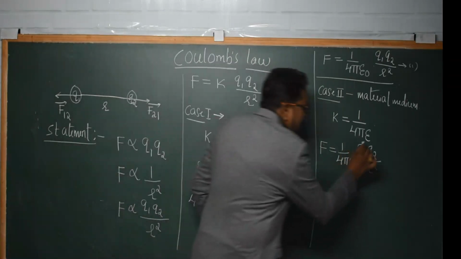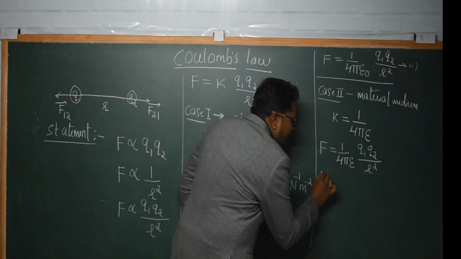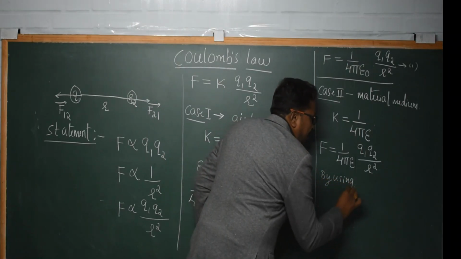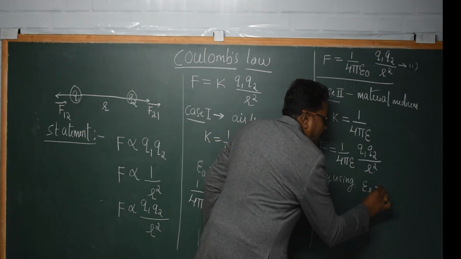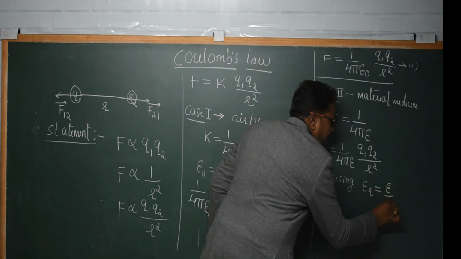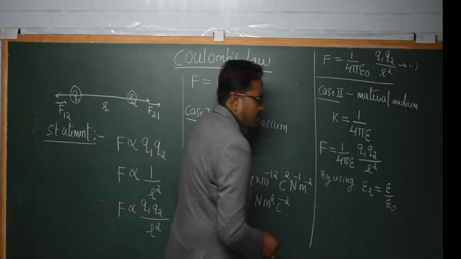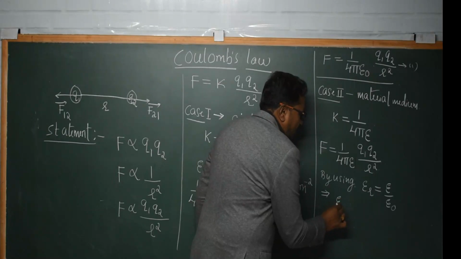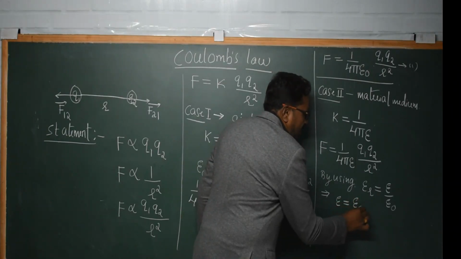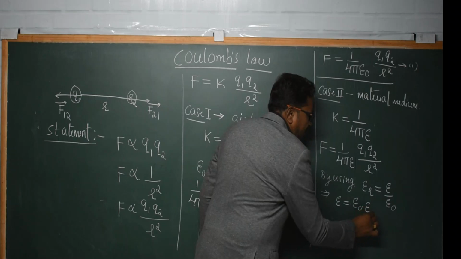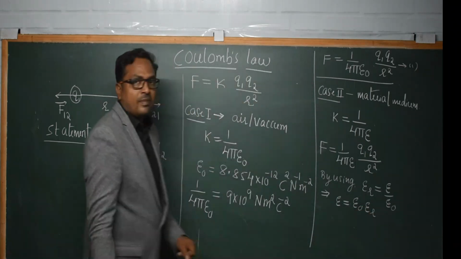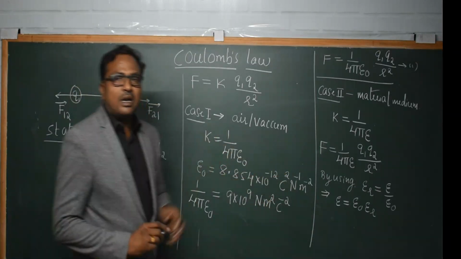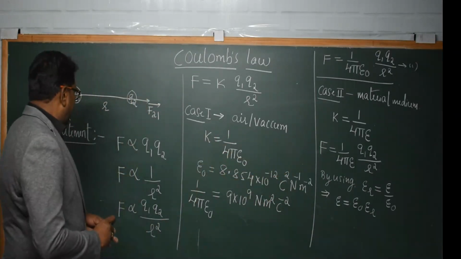So therefore, how can you write this epsilon by using relative permittivity? We know epsilon R is equal to epsilon by epsilon naught. Therefore, you can write epsilon is equal to epsilon naught into epsilon R. So let's substitute here.